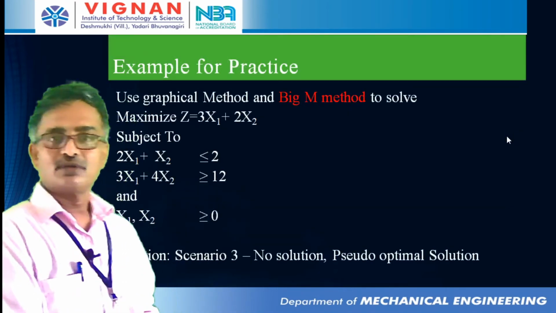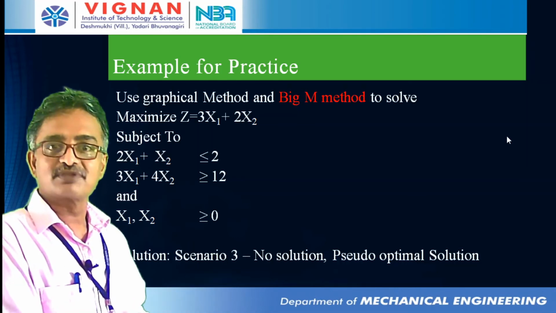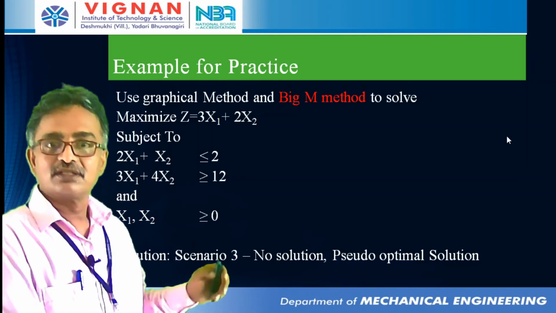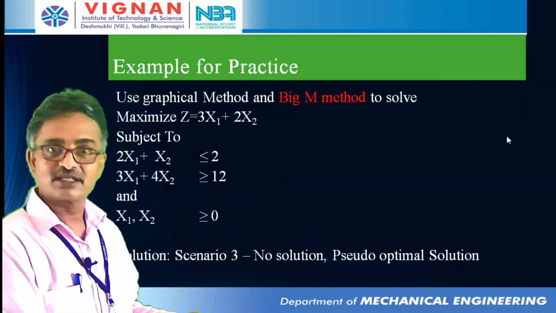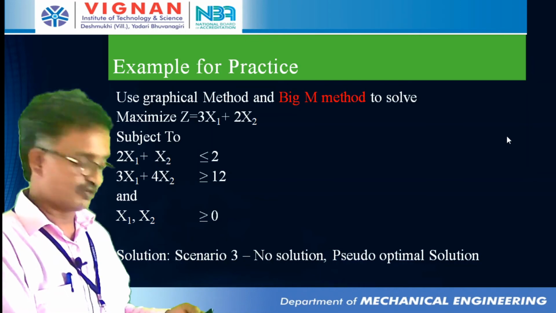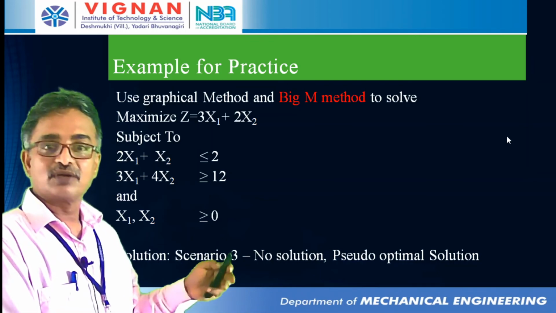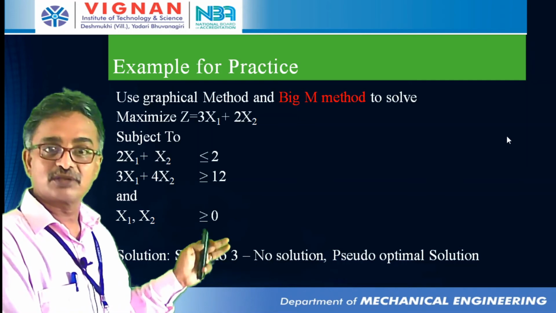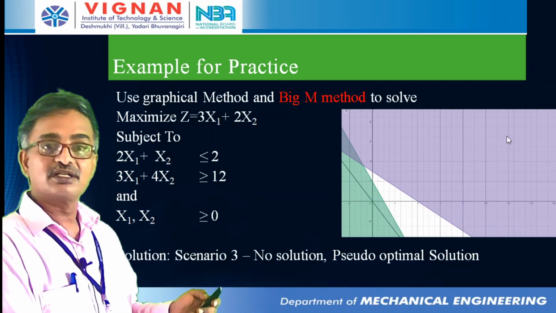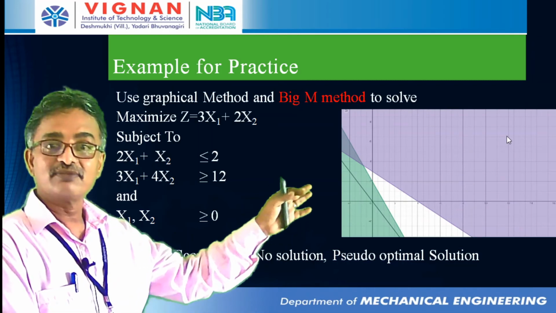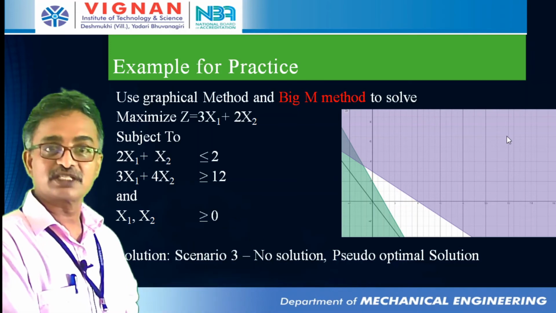Now for practice, try these 2 problems; we will discuss them if time permits after we discuss the other method for solving the artificial variable case in class. This comes under scenario 3, a pseudo optimal solution, because it doesn't have any feasible solution space, no common solution space.